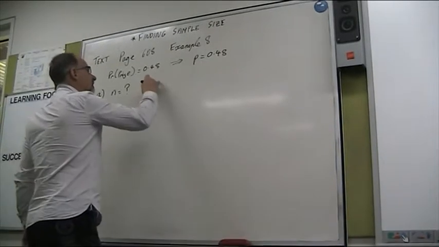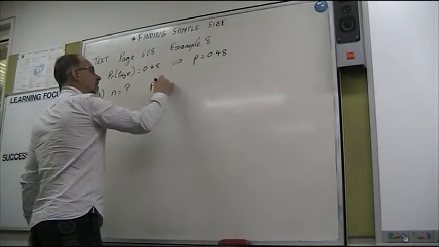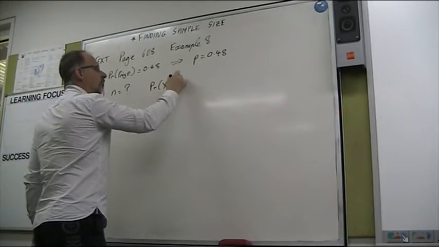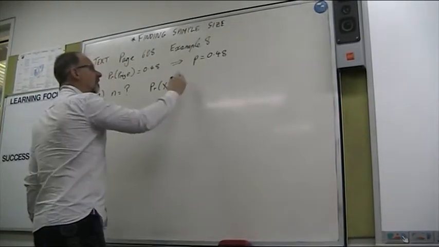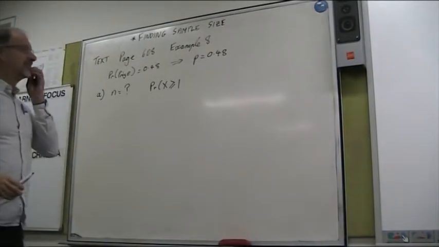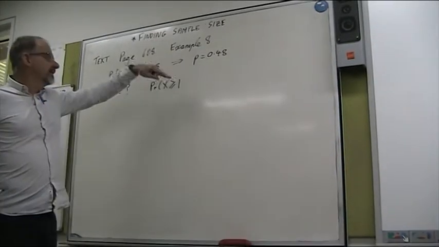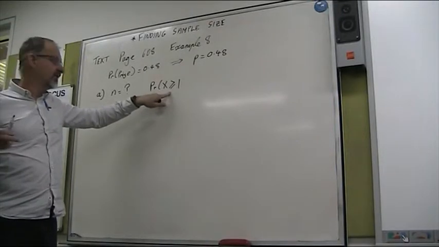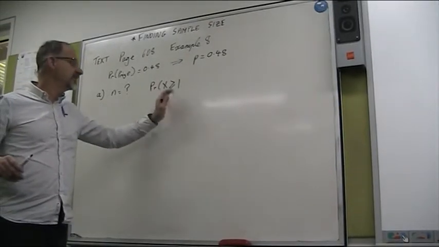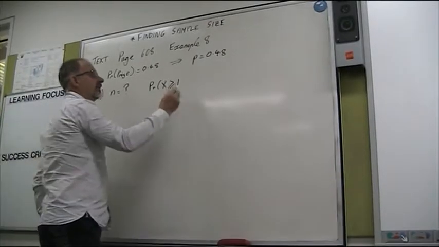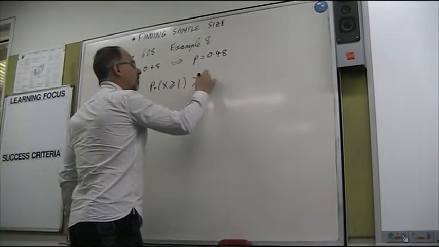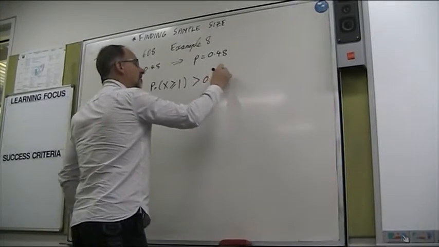So the probability of winning at least one, so that's greater than or equal to 1. Remember when we are writing these ones down, we want to use the equals as well, because that's sort of how our calculator is programmed. So greater than or equal to 1, we want that to be more than 0.95.